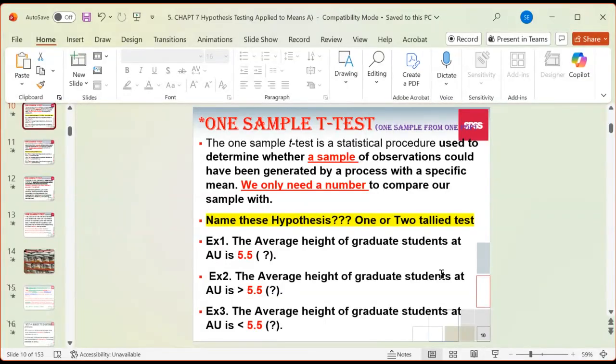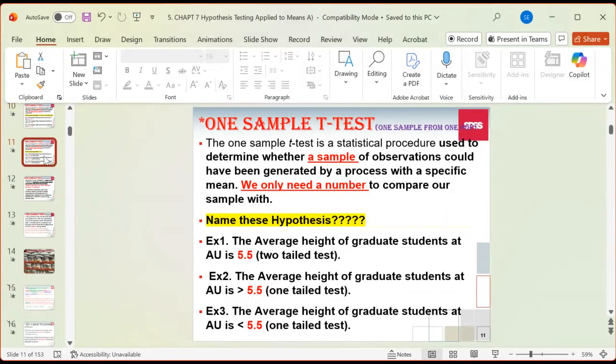That is a two-tailed test, or two-way, or non-directional hypothesis. You're not saying they are taller or shorter, but for those two at the bottom, examples 2 and 3, yes, you are indicating they are taller or shorter. So those are one-way hypotheses. And here are the answers.